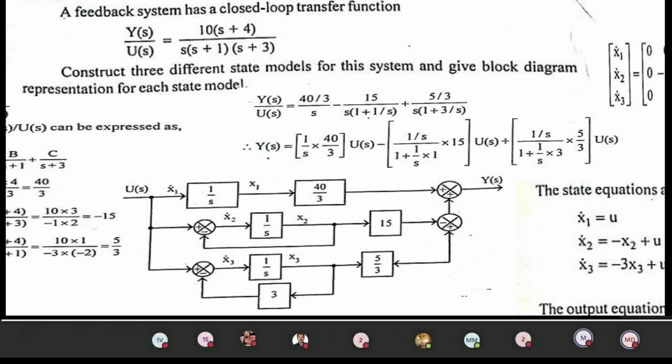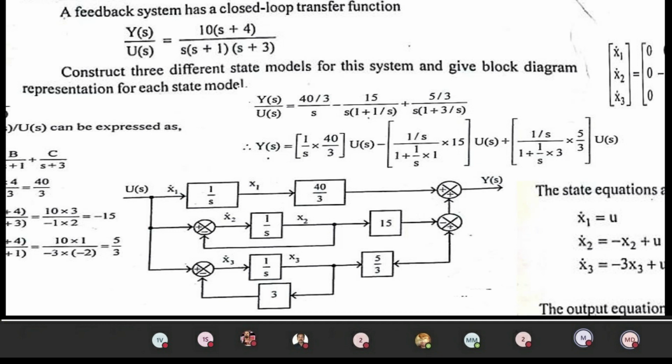Whenever the transfer function is given, you have to convert that in terms of equations. So y of s divided by u of s. Now what we are going to do is take all the constants outside and convert it into 1 plus s terms, and then the numerator will be 40 divided by 3, divided by s, and then 15.